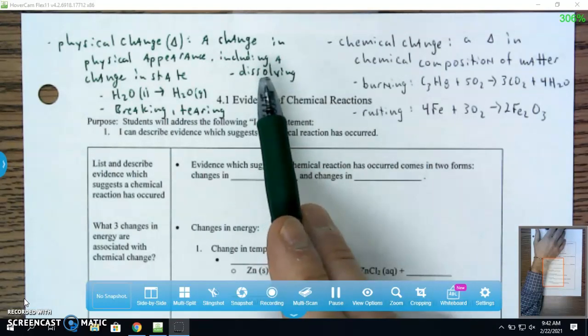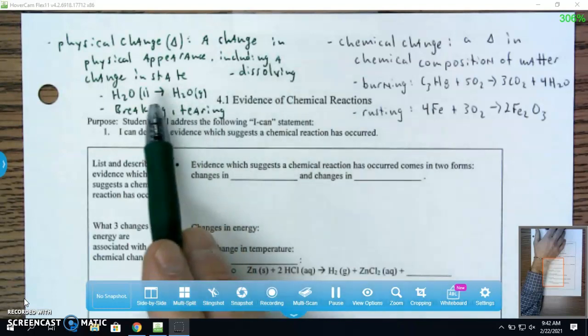If you think about dissolving, you could have water, and you could have solid table salt, and you could put the table salt into the water and mix it up. Now it looks like the table salt is gone, but we could recover that table salt by boiling the water. We could even collect the water and condense it back into liquid water. So for that reason, dissolving is an example of a physical change.